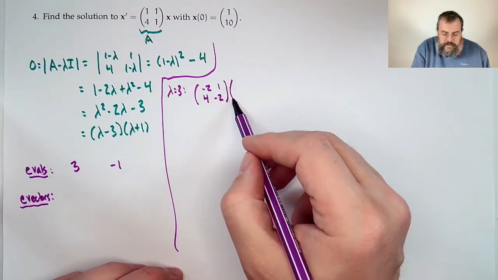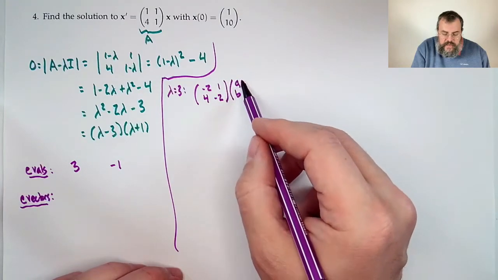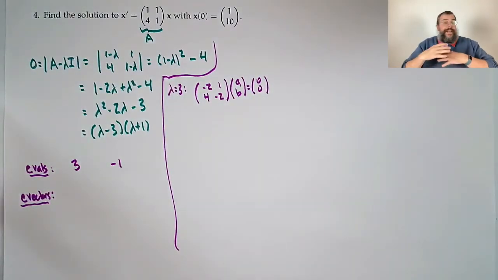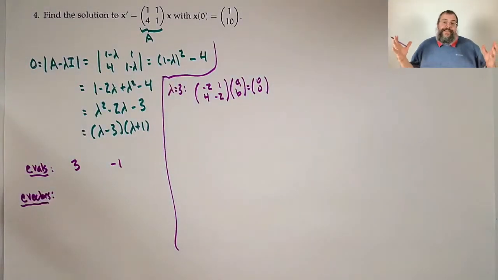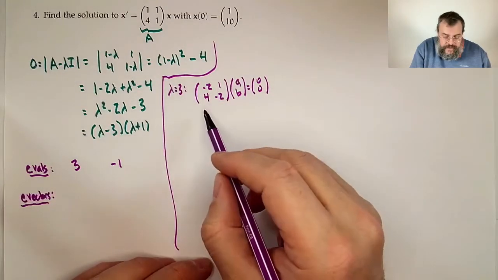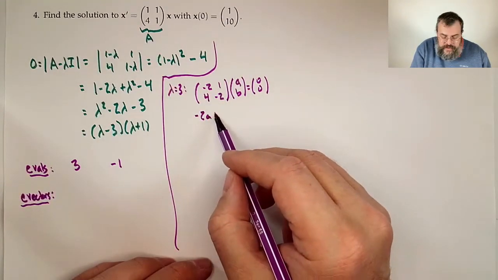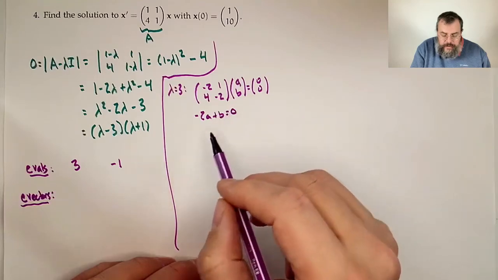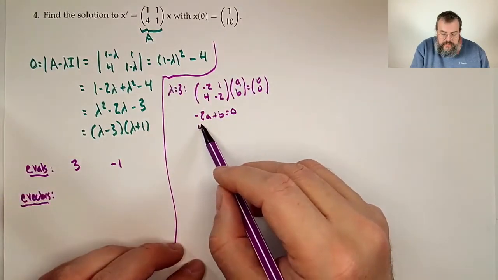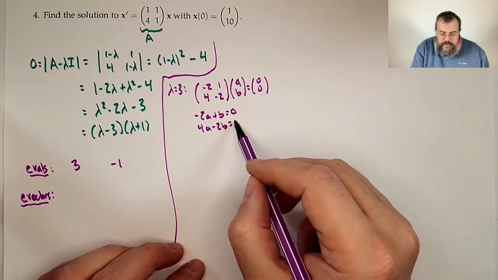And now we're going to multiply it by some vector (a, b) and set this equal to (0, 0). We just need to find a choice that does this. We don't have to find all of them. We will, but we just need to find one. And if you think about what's going on here, you have a system of 2 equations and 2 unknowns: minus 2a plus b equals 0, and 4a minus 2b equals 0.